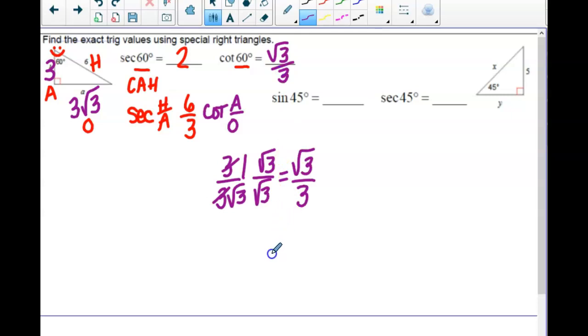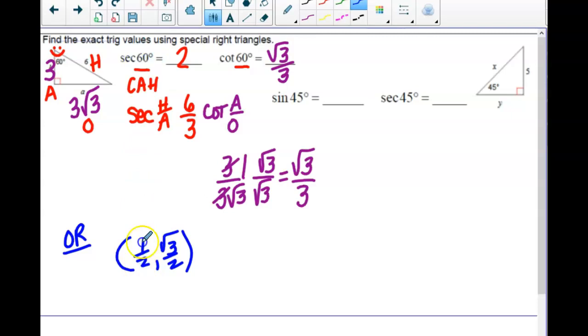Okay, grab your unit circle sheet. What is the ordered pair at 60? One half, square root of 3 over 2, guys, is that right? Okay, so the secant is the flip of cosine.